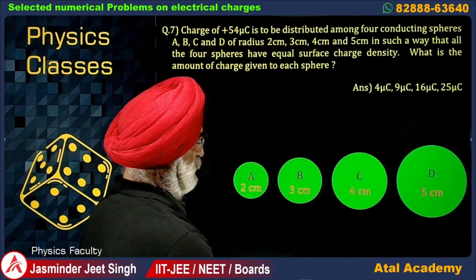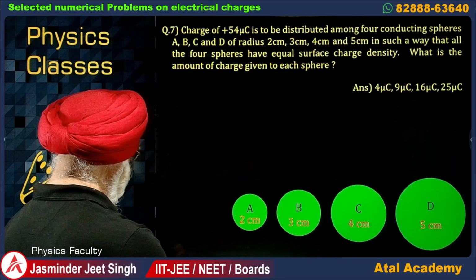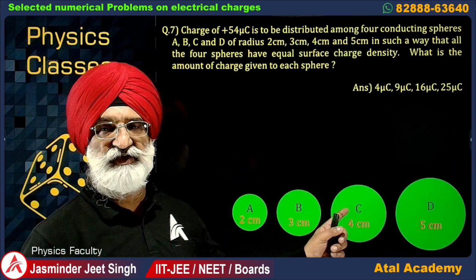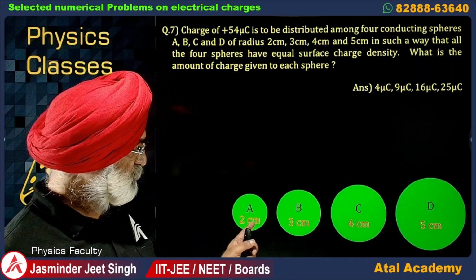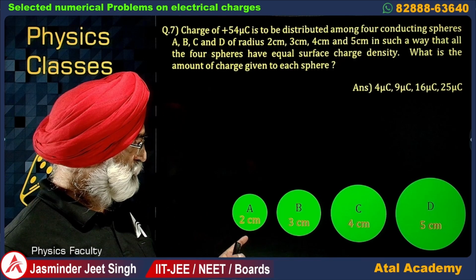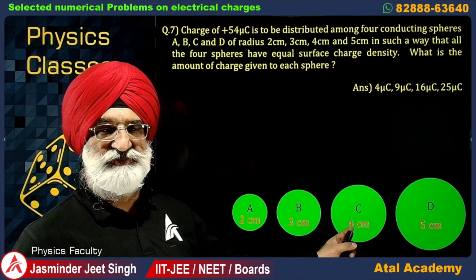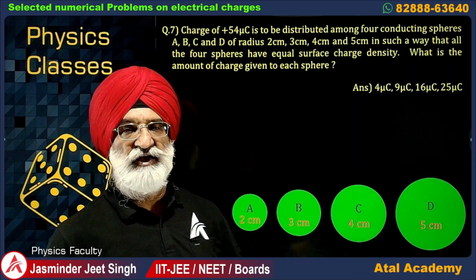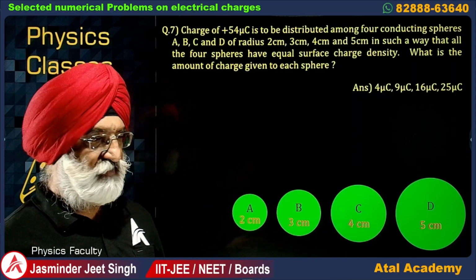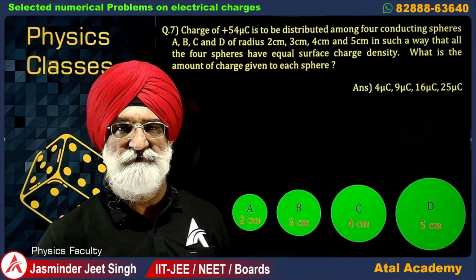We can take up the case here. Here we have got 4 spheres A, B, C and D. A has got a radius of 2 cm, which is smallest among the 4 spheres. B has a radius of 3 cm, C has a radius of 4 cm and D is the largest among these 4 spheres. It has got a radius of 5 cm.